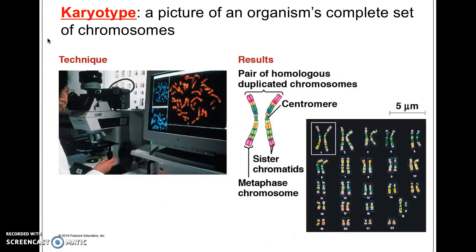How do geneticists study DNA and chromosomes? They look at a karyotype. So this karyotype is going to give a clear, complete picture of how many chromosomes are in a somatic body cell. So looking at the picture, again, you have 23 pairs, or 46 chromosomes.